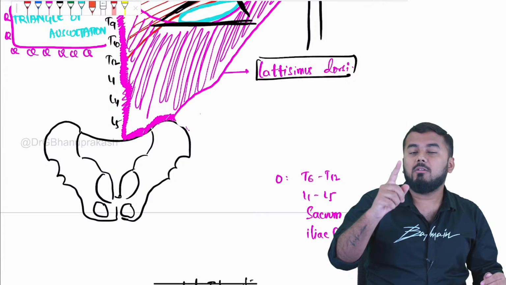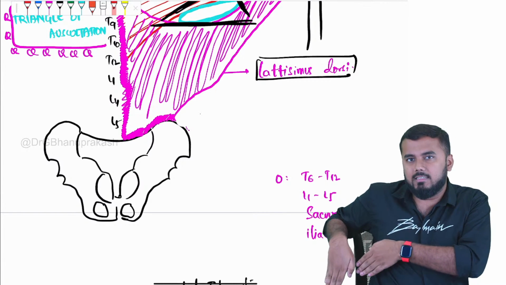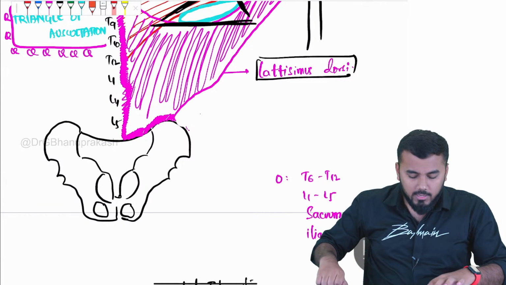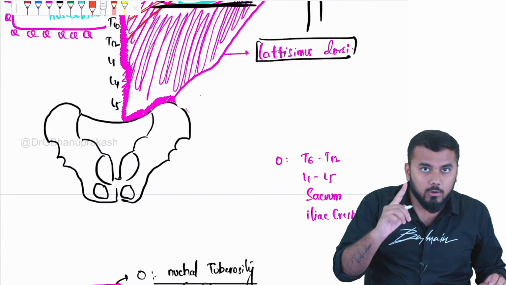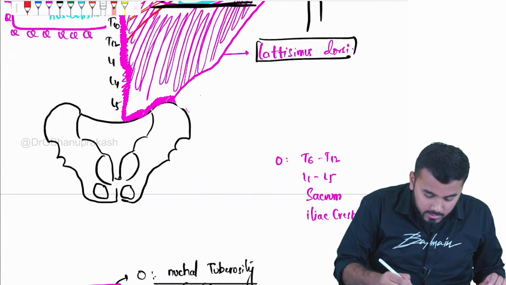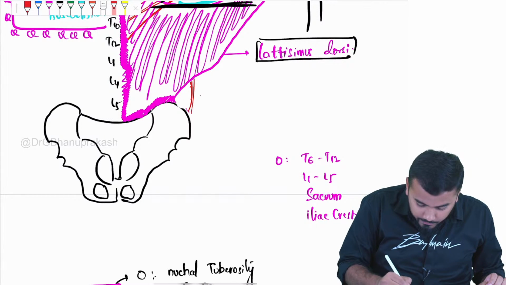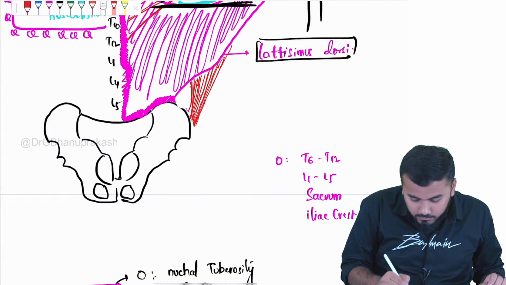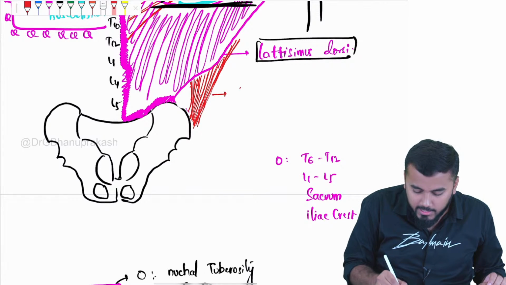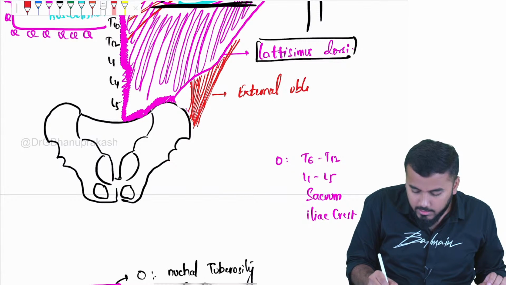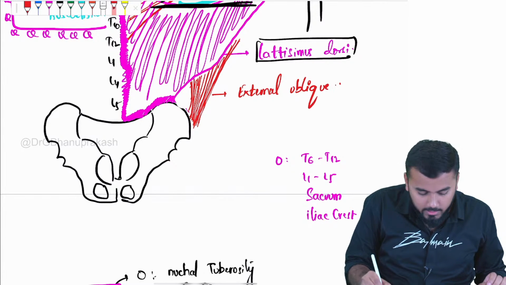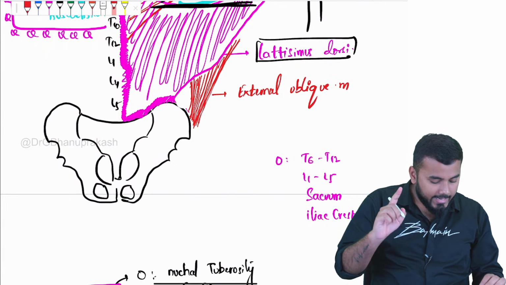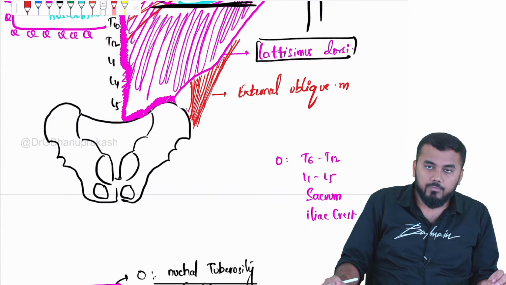But you can see one muscle which is crossing like this, crossing the abdomen. I'll show you from the back how it looks in the front. So this is the muscle, guys. This muscle is called external oblique muscle.